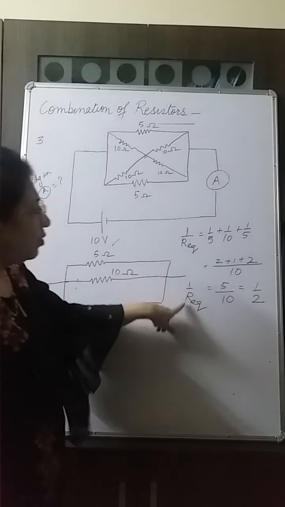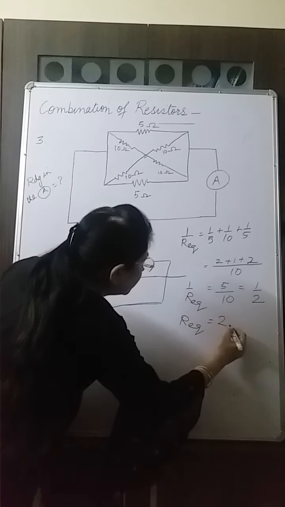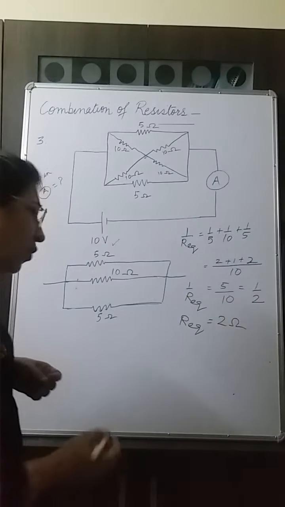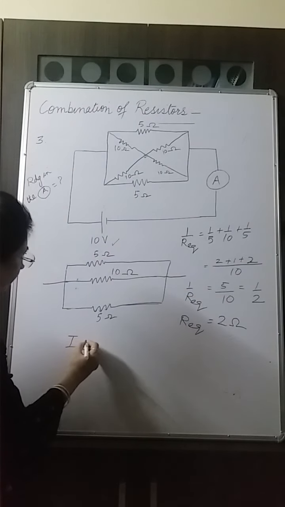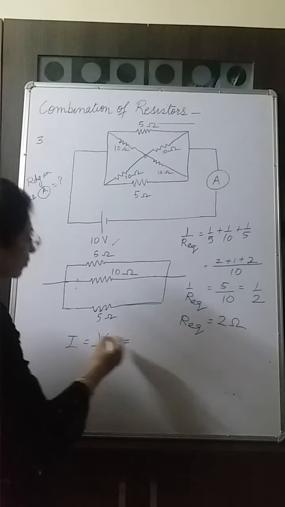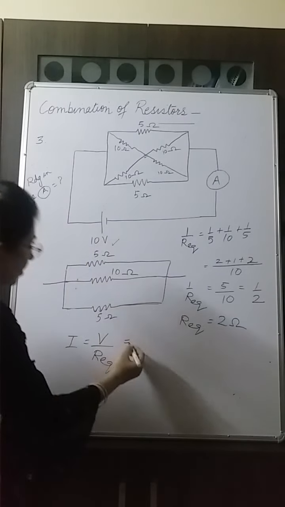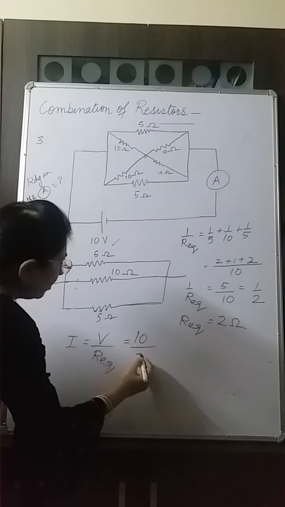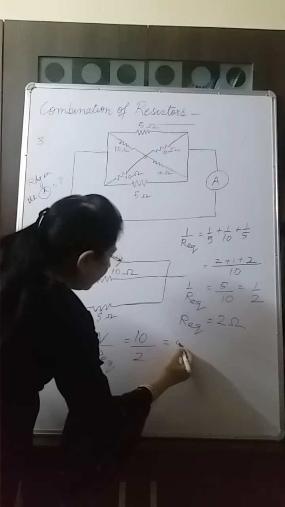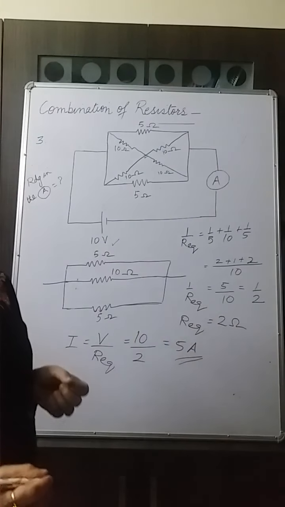This is reciprocal. So R equivalent will become 2 ohms. What will be the current in the circuit? The current will be V by R equivalent. V is 10 volts and R is 2. So we have a current of 5 amperes flowing in the circuit.